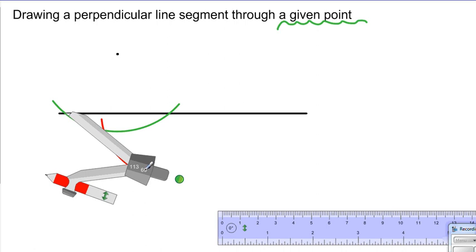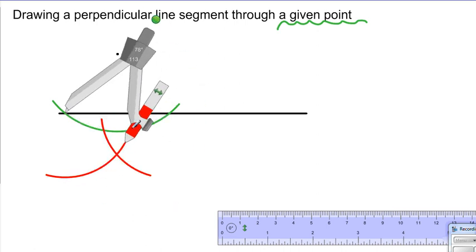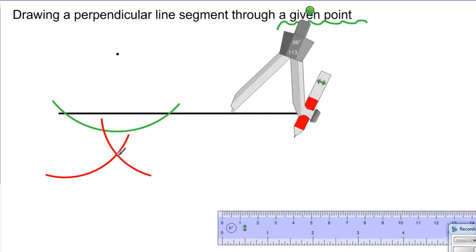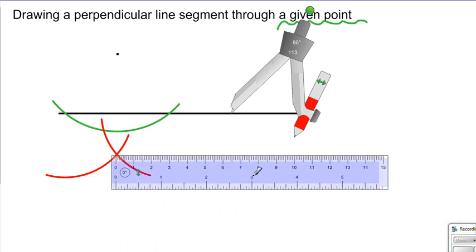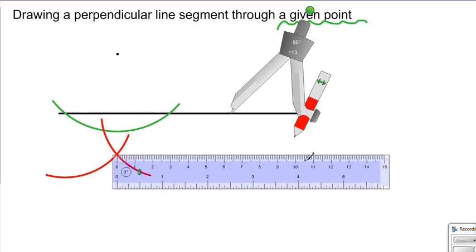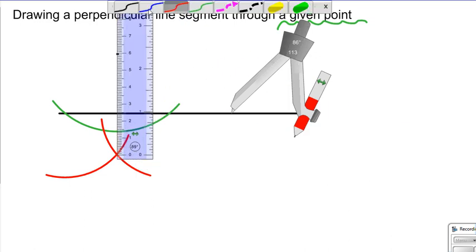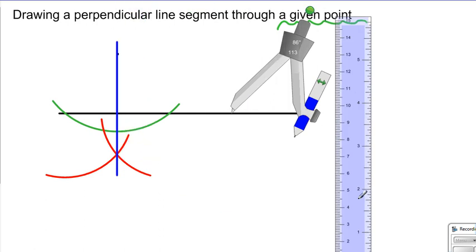Go to the other point and draw another arc. Now you will realize that once again, this particular point is equidistant from here to here. Now, what I can do is bring on a straight edge, and just simply connect the dots and the intersection. I'll do it with blue. Now, there it goes.